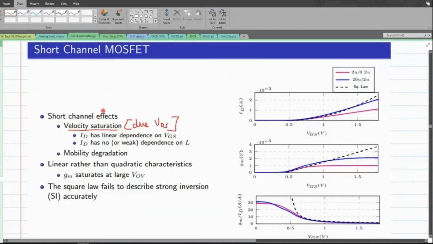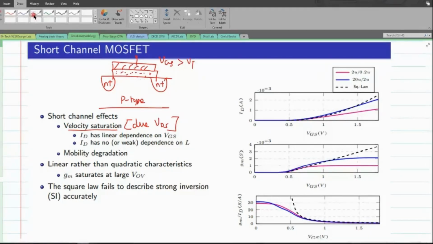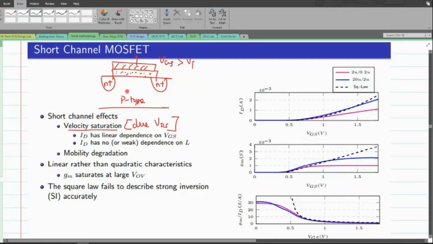Basically the channel gets created. So let me consider this as my oxide region, and this is my metal region, and this is going to be considered as a p-type material. When I have the value of VGS greater than the value of VT, we know that it creates an inversion layer underneath the interface between the oxide and the substrate.